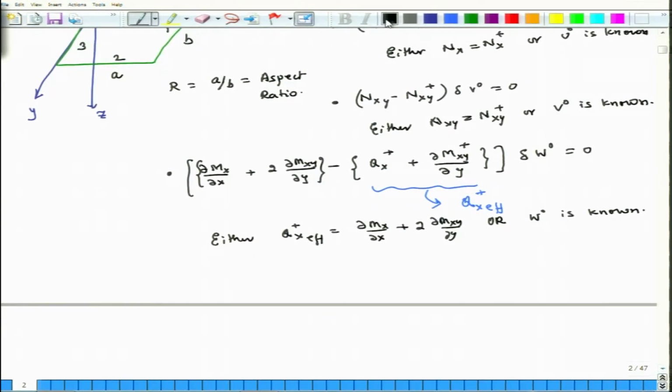And the fourth one is mx minus mx plus partial of del w naught over del x is equal to 0, which means either mx is equal to mx plus, or del w naught over del x is known.